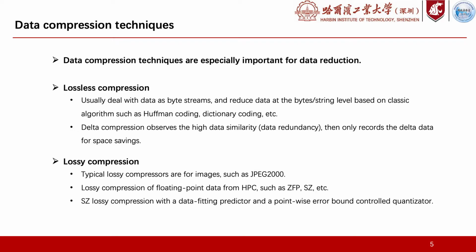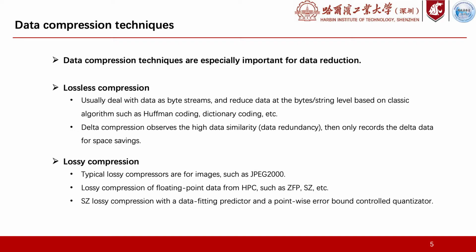Lossy compression has also existed for decades. The typical lossy compressors are designed for images. Nowadays, more attention is paid to the lossy compression of floating-point data generated from HPC.